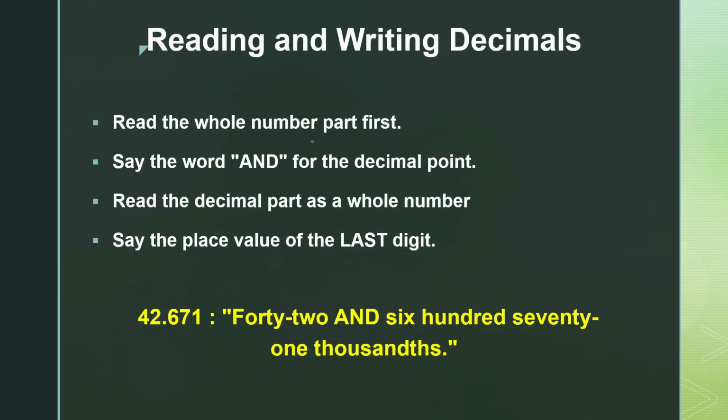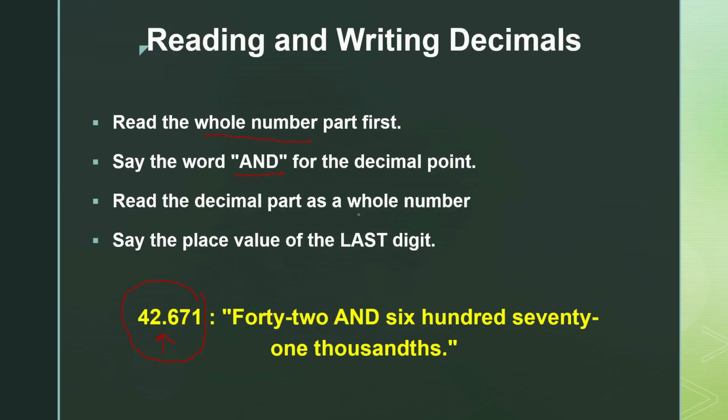Now, we will understand the reading and writing of decimals. We have basic, simple rules. The first rule says to read the whole number part first. For example, in this number, 42.671, we first read the whole number. Say the word "and" for the decimal point.